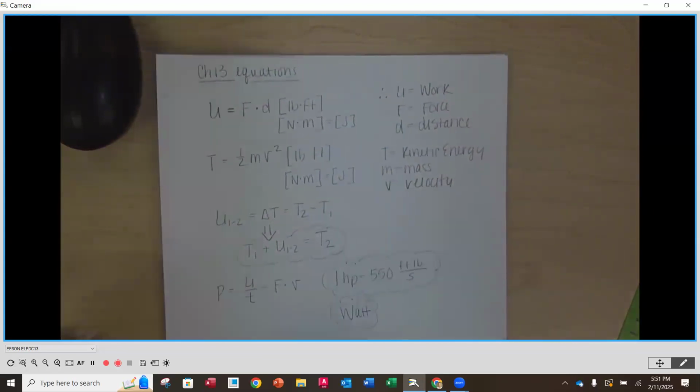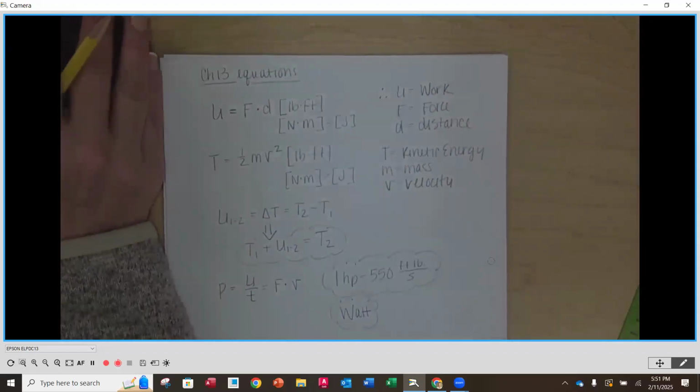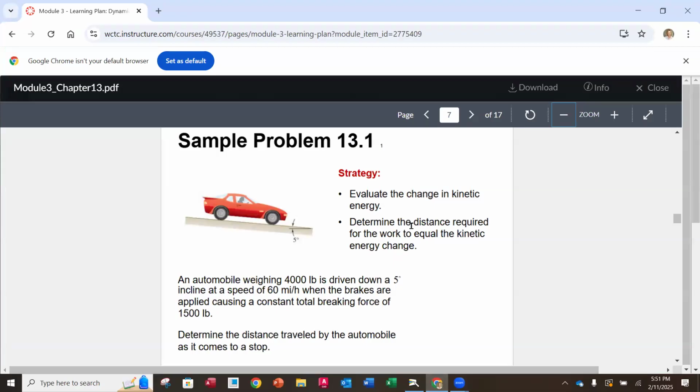So chapter 13. Let's look at our first sample problem. So I'm going to go back to our PowerPoint because it usually has a little bit nicer illustration here rather than going underneath the camera. But it says here that we have an automobile weighing 4,000 pounds, driven down a 5-degree incline at a speed of 60 miles per hour.